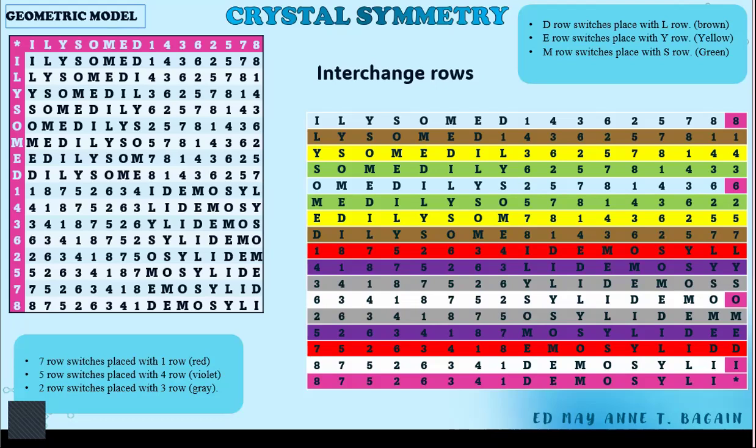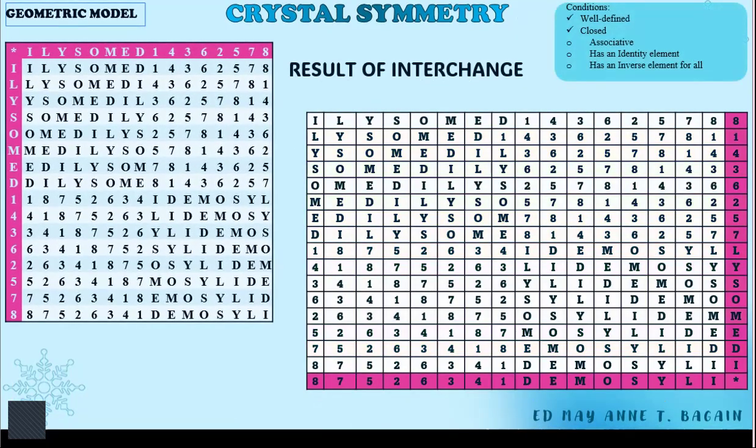Okay, again. After interchanging some rows, especially the gray one, which is 1, 4, 3, 6, 2, 5, 7, 8, we have already reached the same ILYSOMED 1, 4, 3, 6, 2, 5, 7, 8. Let's check what the interchanged rows look like.